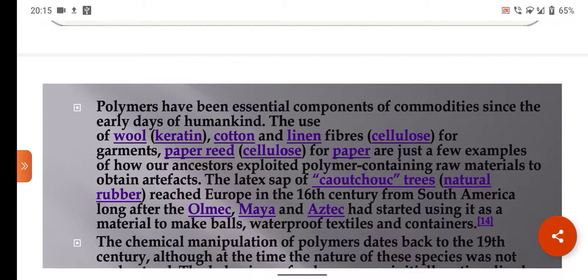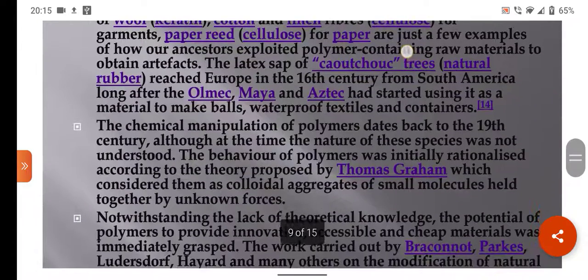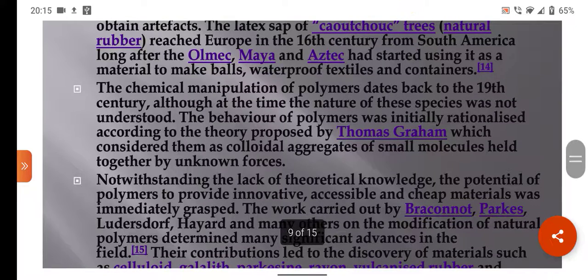At the time, the nature of these species was not understood. The behavior of polymers was initially rationalized by considering them as colloidal aggregates of small modules held together by unknown forces.